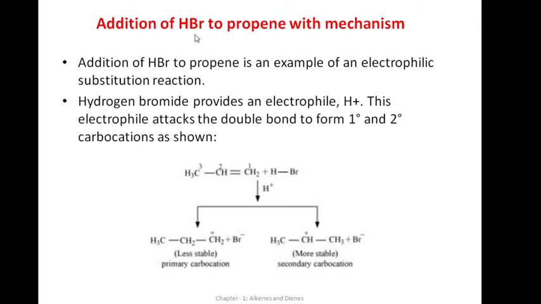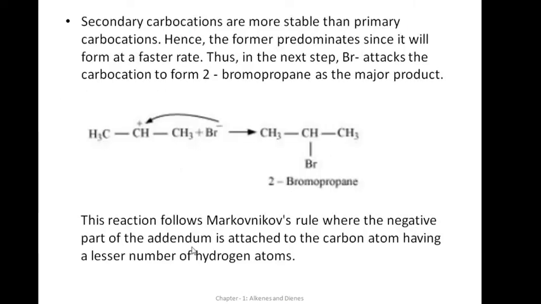When you dissolve HBr in water, you are going to get two ions, H plus and Br minus. Okay. So the rule says negative part of the addendum. So we get H plus and Br minus, which means the negative part of the addendum here is Br minus. It attaches to the carbon having less number of hydrogen atoms.